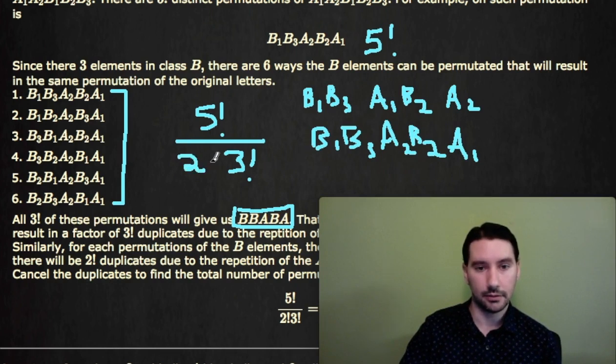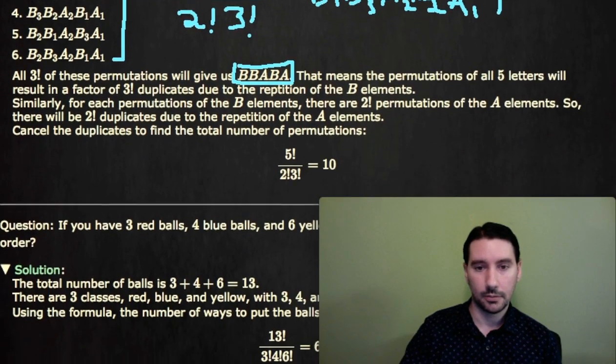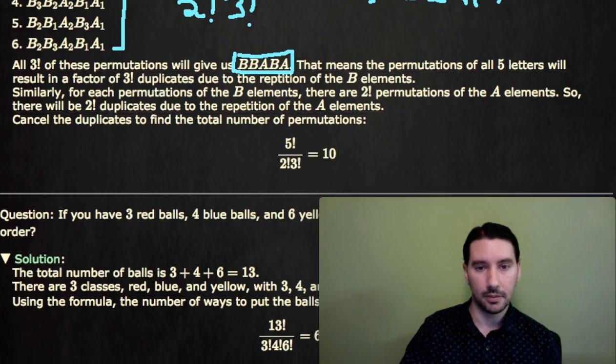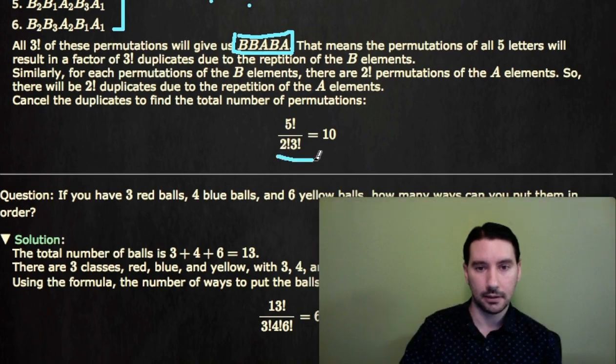So I need to also divide by the 2 factorial so that I can cancel out these 2 times repetition. And this would be a 6 times repetition, right? Because there are 3 factorial or 6 ways to permute the B's. And that's why you divide by the 2 factorial and the 3 factorial. Which means that the total number of ways to permute A, A, B, B, B is 5 factorial divided by 2 factorial times 3 factorial, or 10.